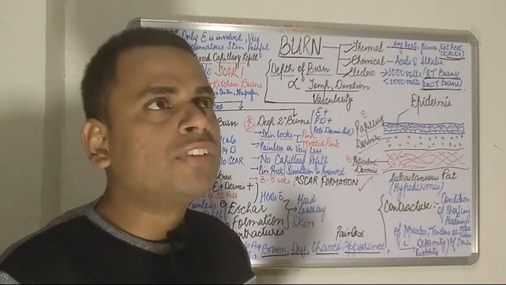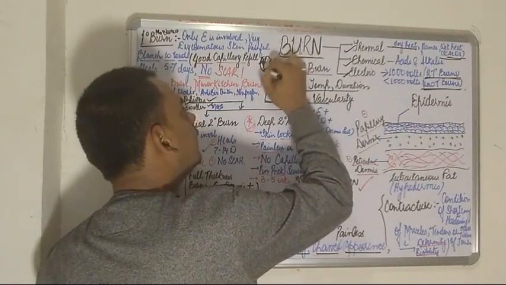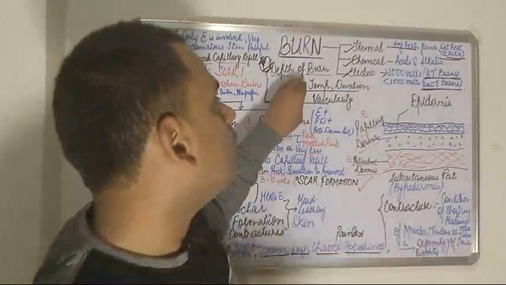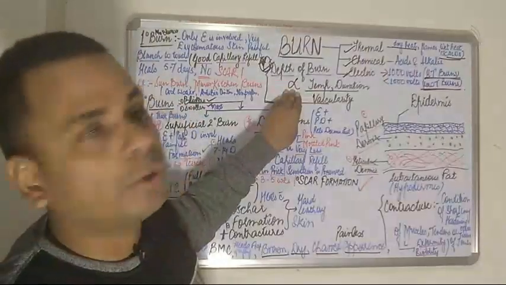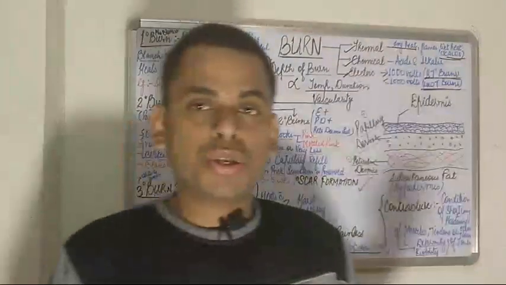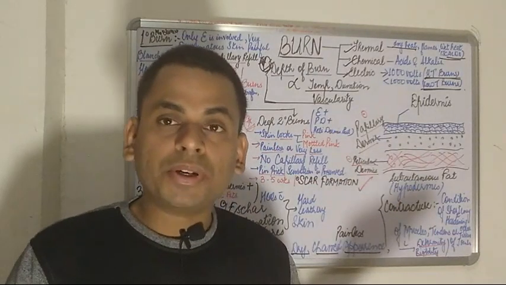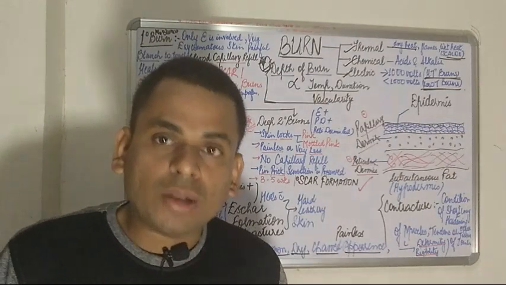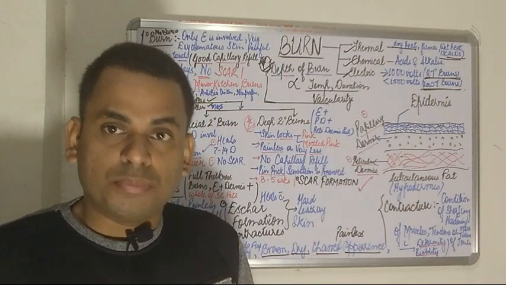For the assessment of the depth of the burn, the depth of the burn is directly proportional to the temperature and the duration. If the temperature is more, the depth of the burn will be more, and if the duration of the burn is longer, obviously the depth of the burn is more.